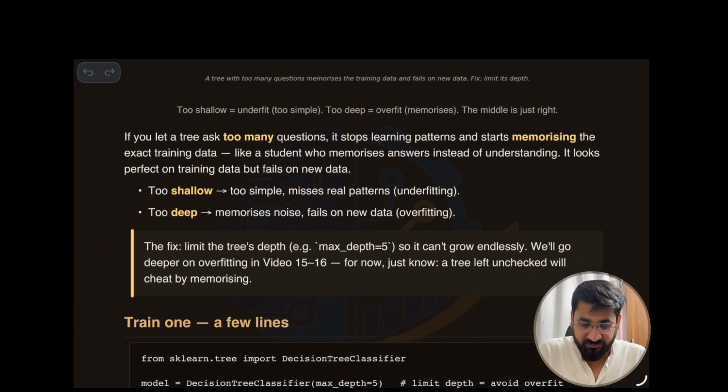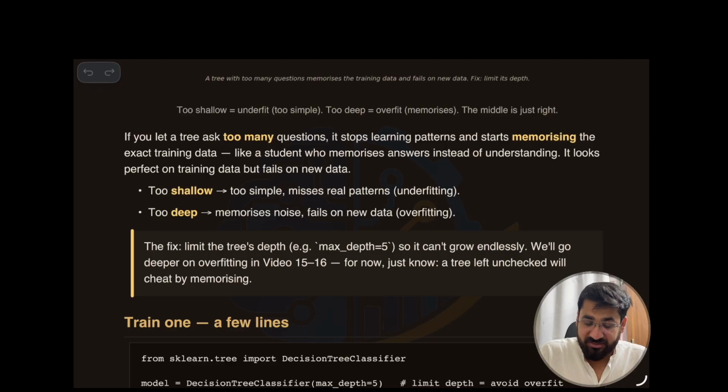There is a term for that: if it is too shallow, it is underfitting; if it is too deep, it is overfitting. Simple. But what is the right fit? The right fit is a generalized rule: you fix the depth of the questions you can ask, say 5 depth, a series of 5 questions, not more than that. After that you will not learn the pattern, you will just memorize it.